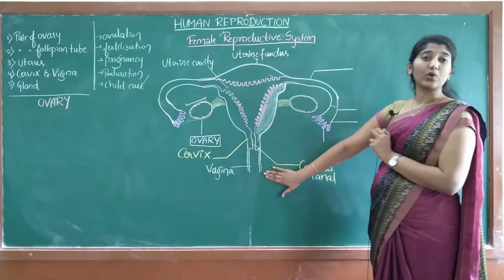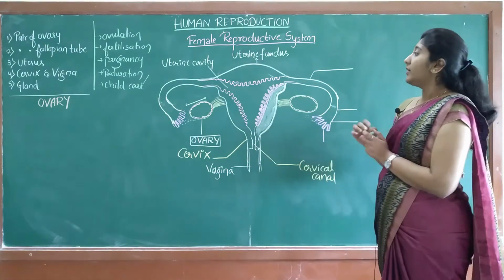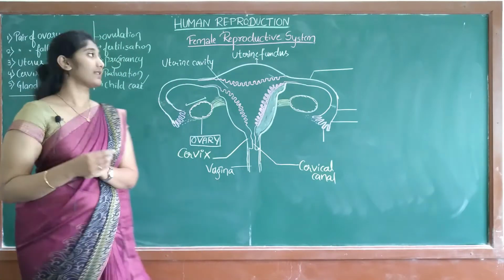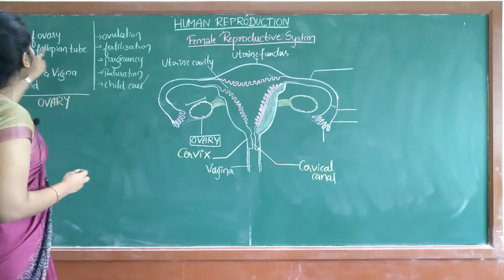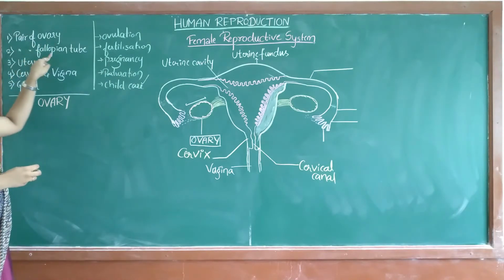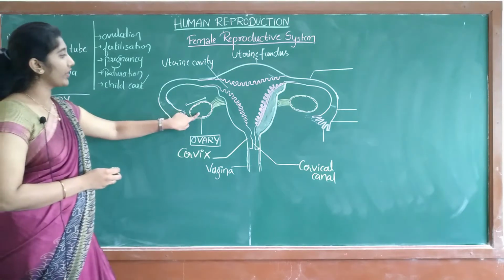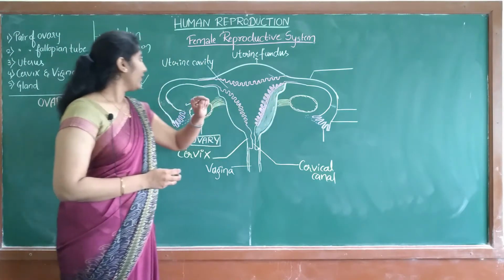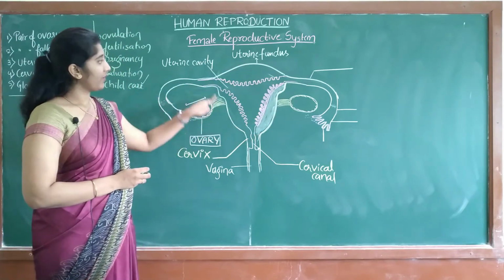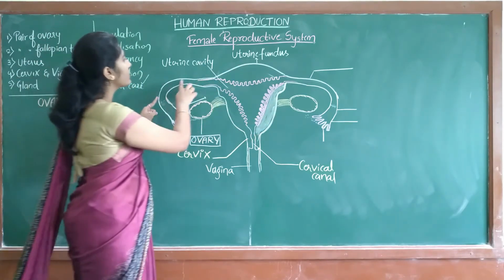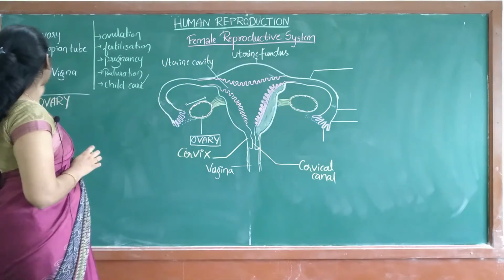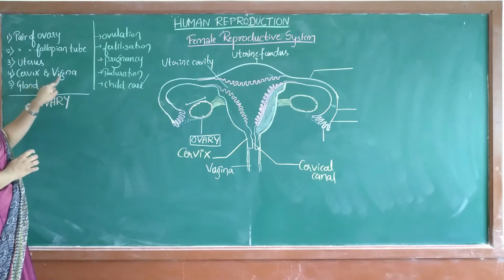This diagram is also very important. Now, what are the parts of the female reproductive system? Mainly, there is a pair of ovaries, a pair of fallopian tubes. These are ovary 1 and 2. And the uterus. And these tubes are the fallopian tubes. Next are the cervix and vagina.